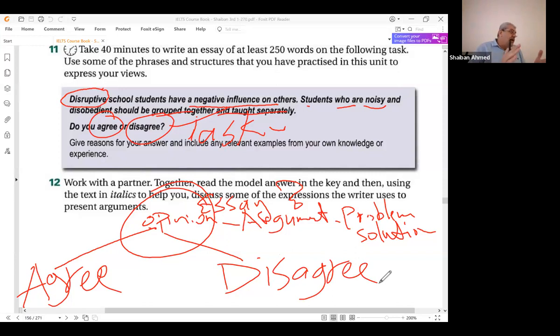Opinion essay, okay. Balanced argument essay, okay. Problem solution question essay, yes. Inshallah, tomorrow we'll have the problem solution. Now, agree or disagree opinion. If I say I agree, you have to give me here what?